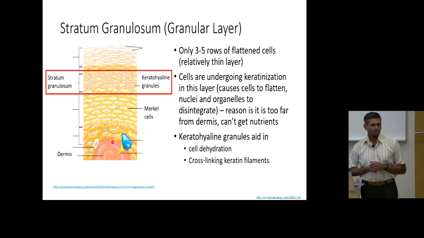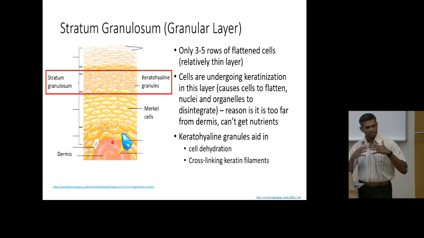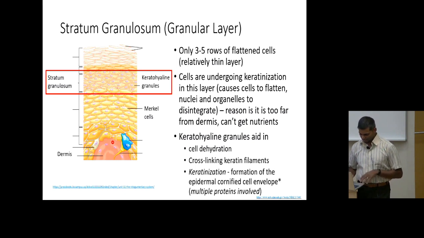Secondly, they cause cross-linking between the keratin filaments. Keratin filaments were discussed in the earlier lectures when I was not here, and keratin is a type of intermediate filament, and the cross-linking is done between those filaments. And thirdly, it is these granules which cause keratinization.